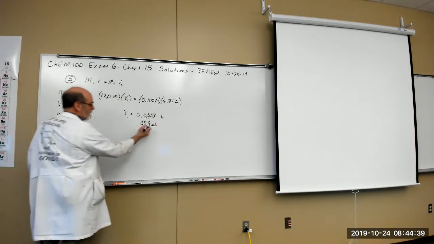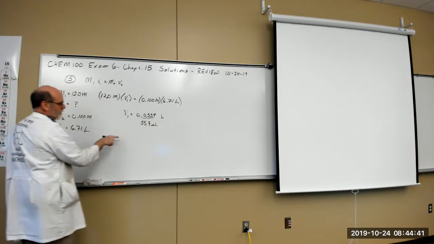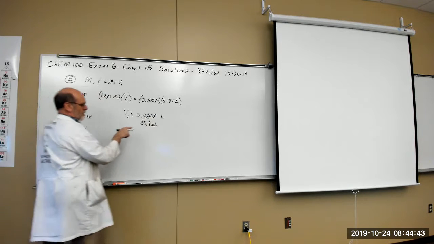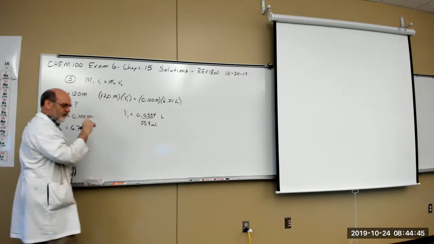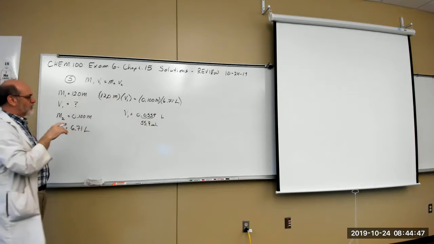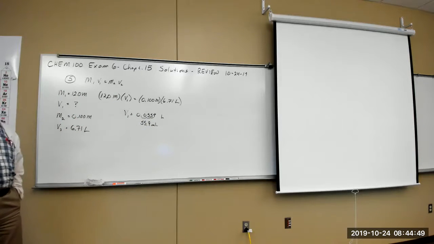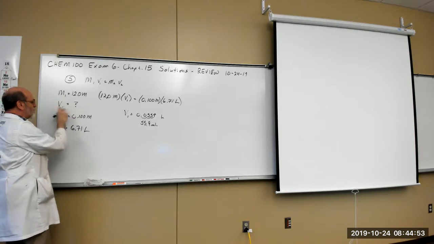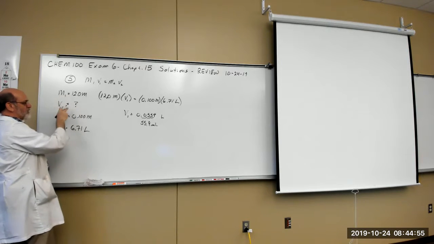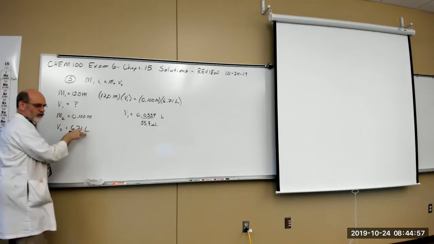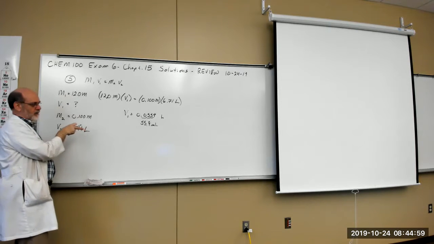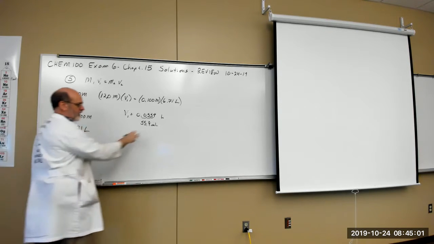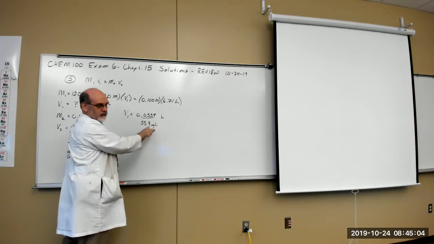So that's how many, and the reason I do that is the volumetric glassware, or the devices, the pipettes, for instance, that you would use to remove this much of the concentrated acid to place it into your dilution flask, they're not calibrated in liters, they're calibrated in milliliters.